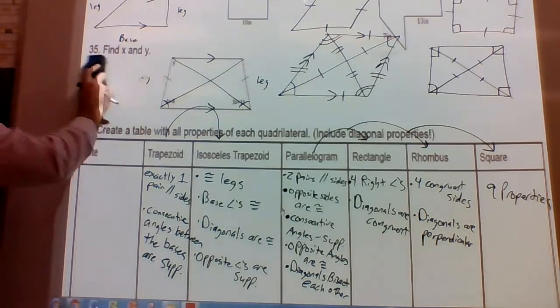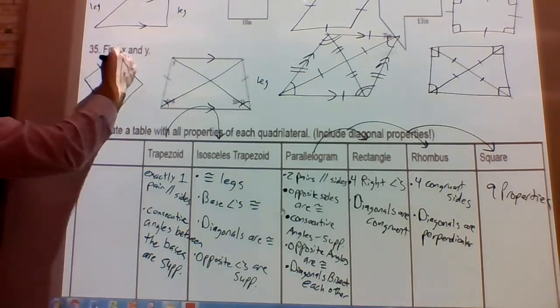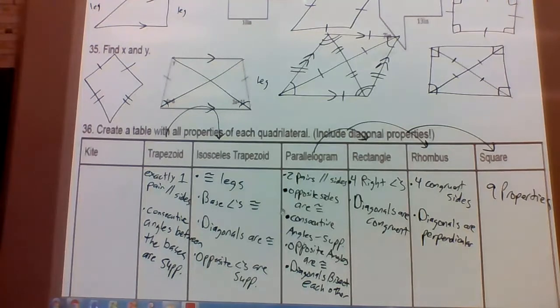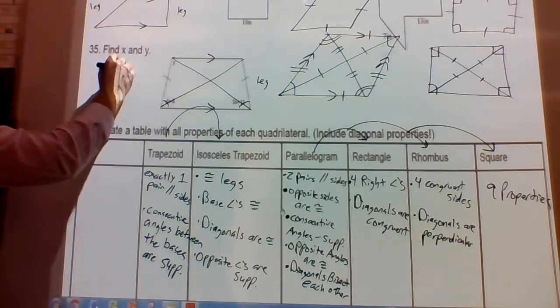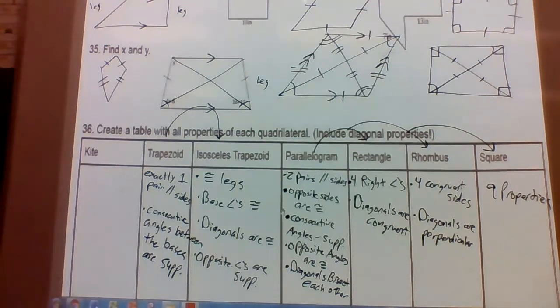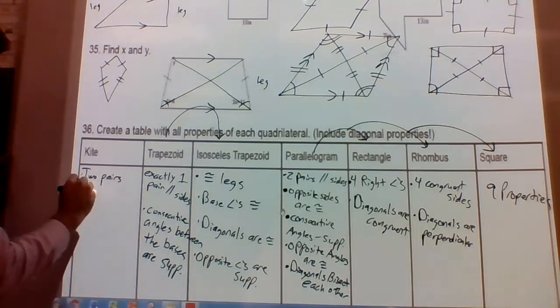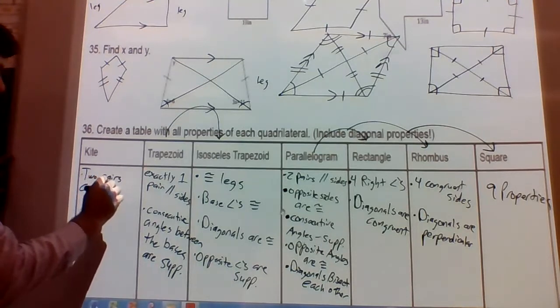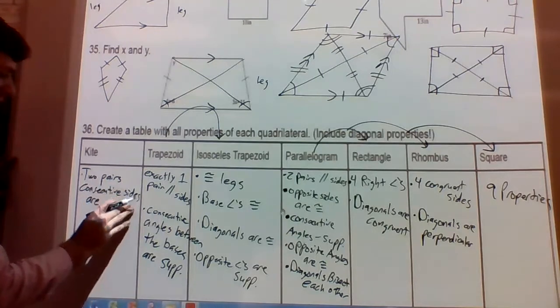All right, and then our last one is a kite, which is defined as having two pairs of consecutive sides that are congruent.